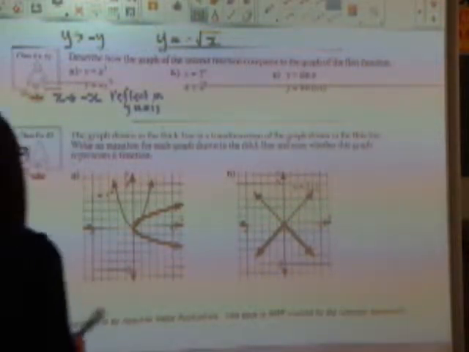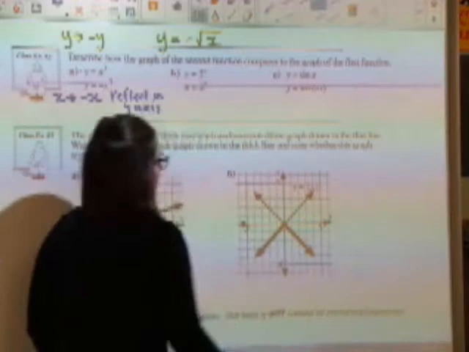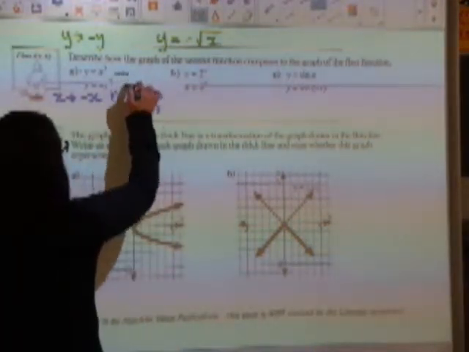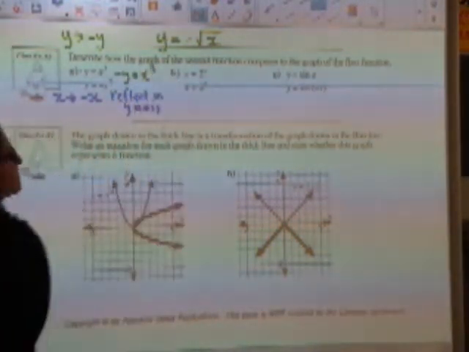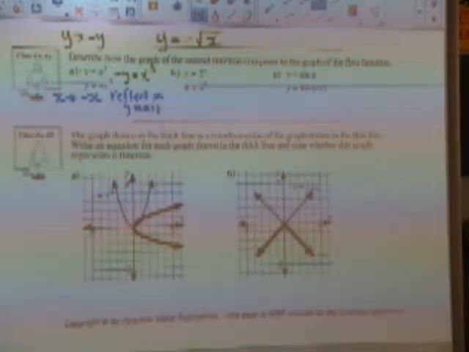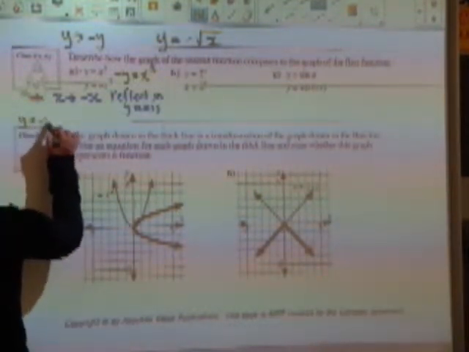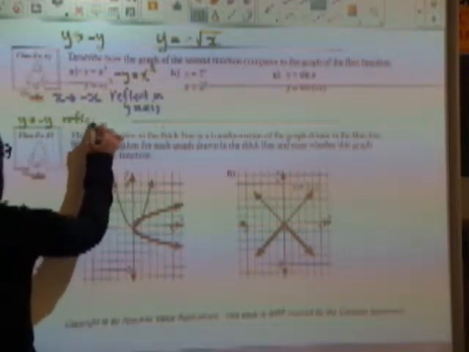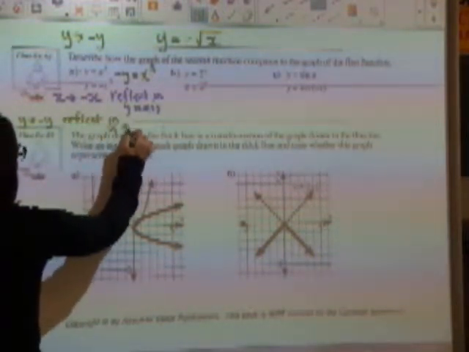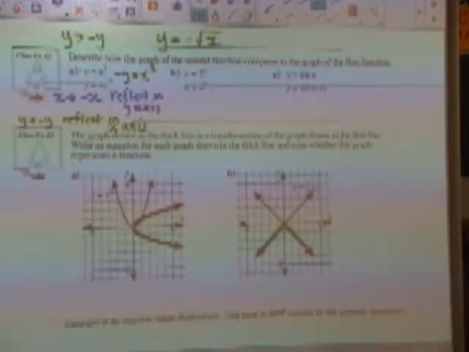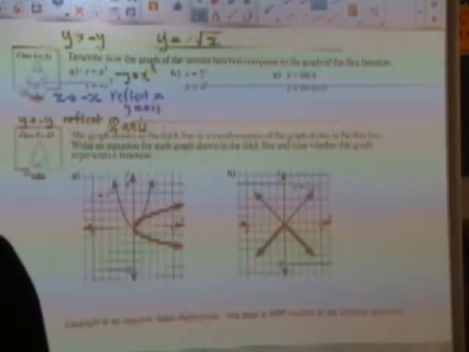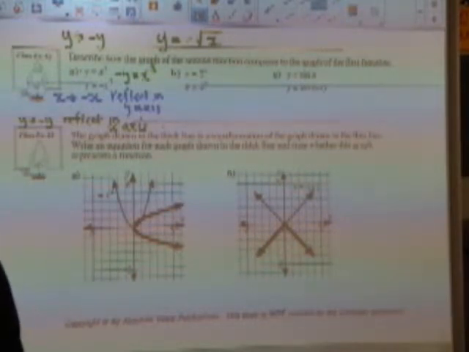What if I told you that this equation could have been written like this? Negative y equals x cubed. What would be the replacement that way? Y with a negative y. And what kind of reflection would I have? What this actually means is if you graph this on your calculator, x cubed and negative x cubed, it looks like it could be a reflection in the x-axis or the y-axis.